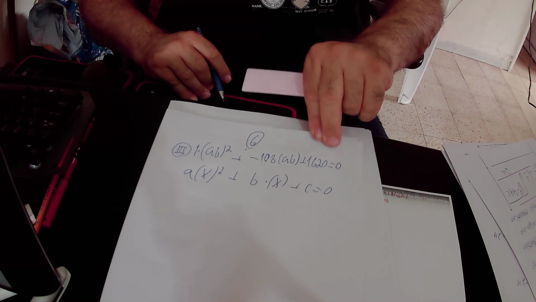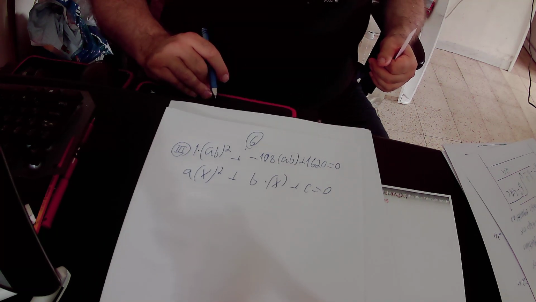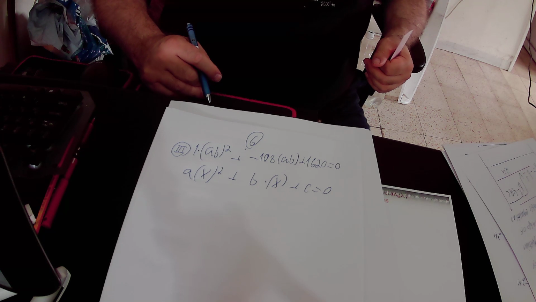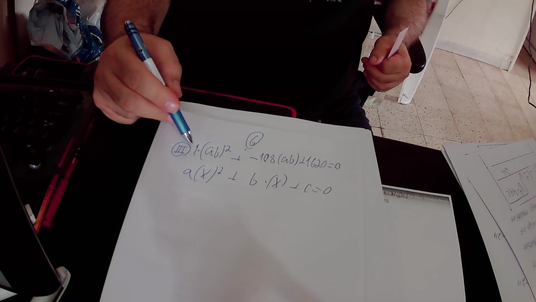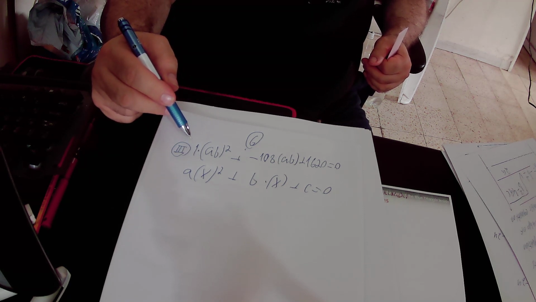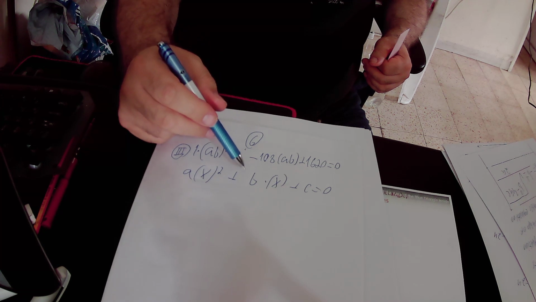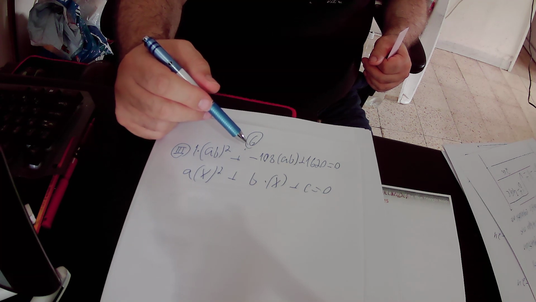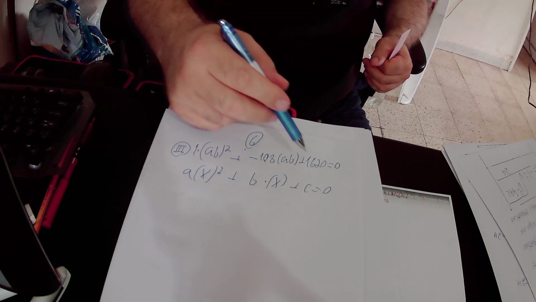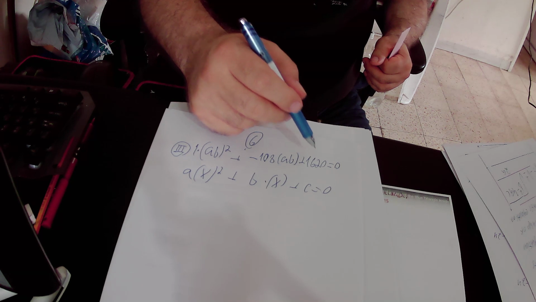Okay, you can see that a equals 1, b equals negative 108, and c equals 1620.